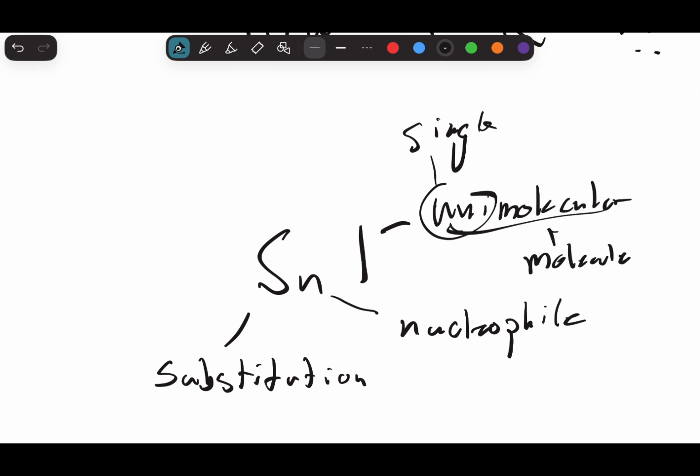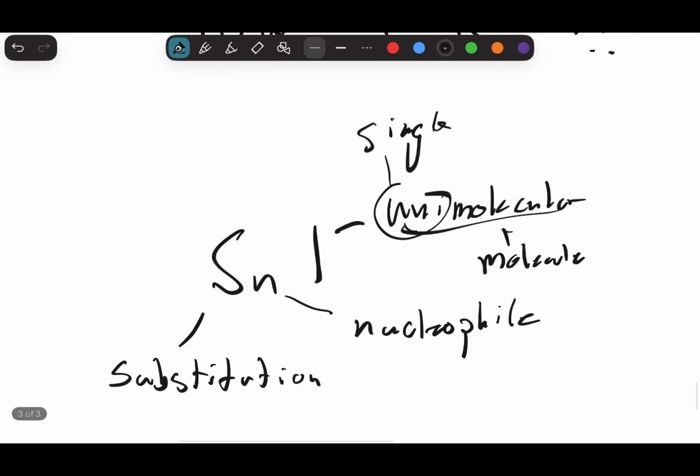So SN1 is a nucleophilic substitution with only one molecule being changed.